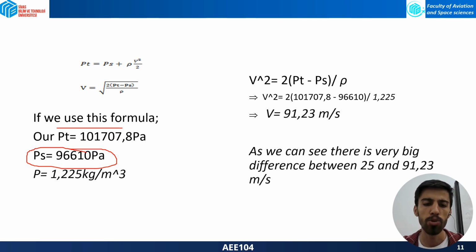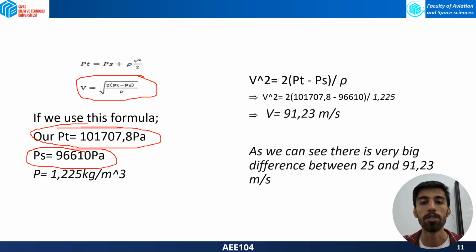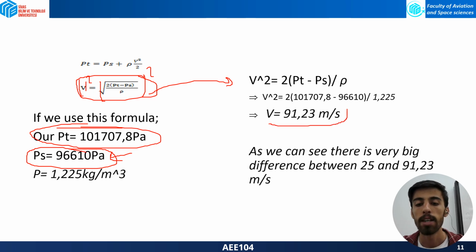If we use this formula, our total pressure will be that, and our static pressure will be that. If we take the square of both sides, we can get this formula, and if you do the calculation, your velocity will be 91.23 meter per second.